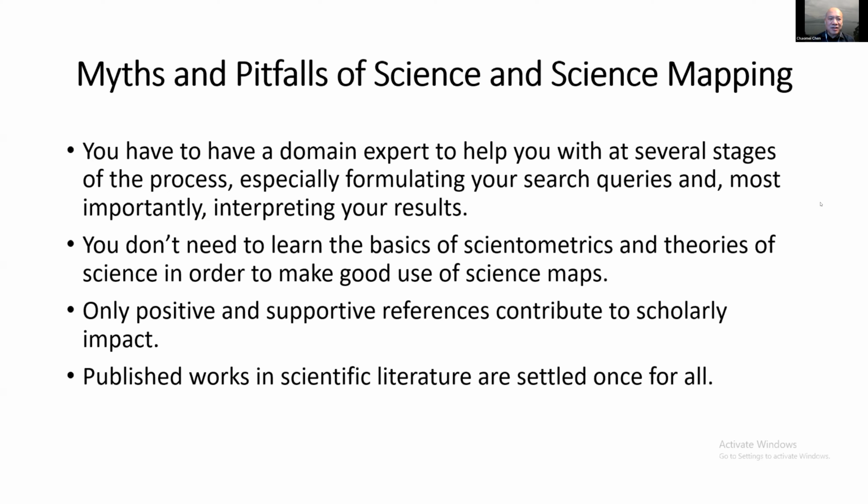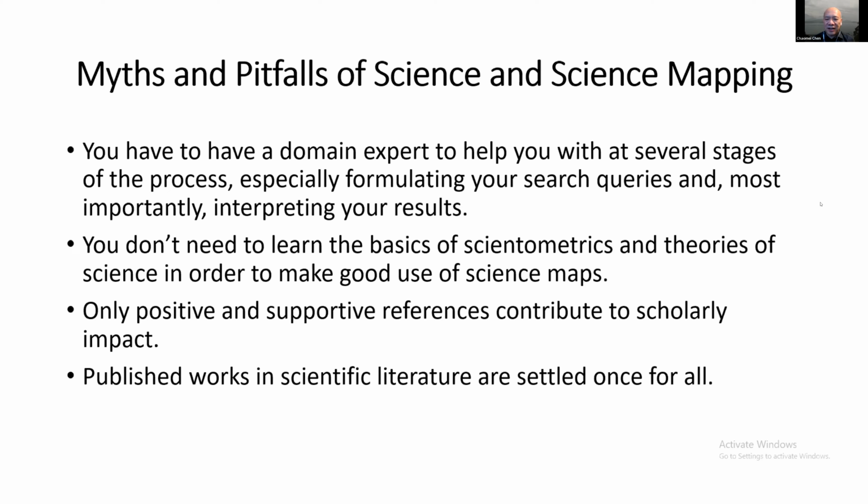The assumption is you'll have to have domain experts to help you at several stages of the process. That's good. When you have a domain expert, you certainly benefit from it. But without one, lots of science mapping tools can help you a lot.